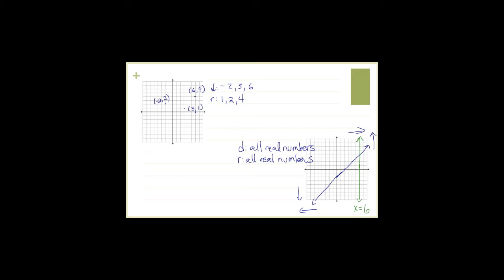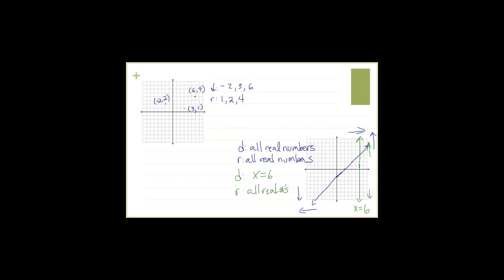So here, the domain is what and the range is what? Well, the domain, what are the x values? The only x value there is 6. The range is all real numbers because it keeps hitting all the y values. Again, it continues up forever, it continues down forever. But it doesn't have any x values other than 6.